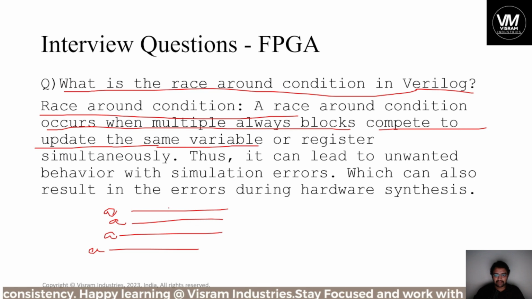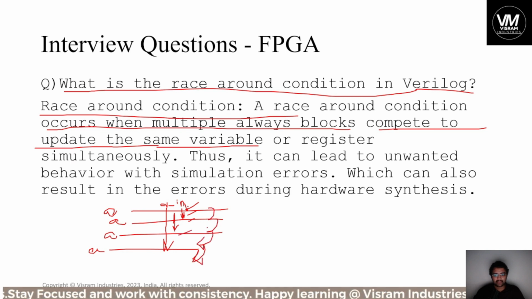For example, you have a variable data in here, and this data in is common for every always block. For every always block, the data in value is changing one after the other. What is happening? Data in is changing, or some data out register is changing simultaneously.